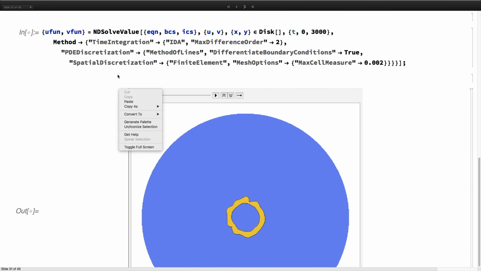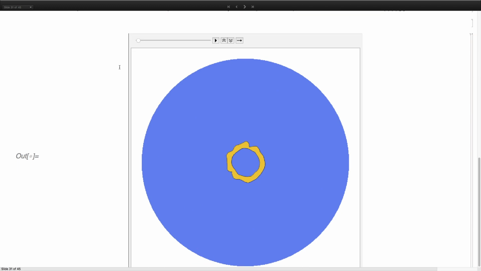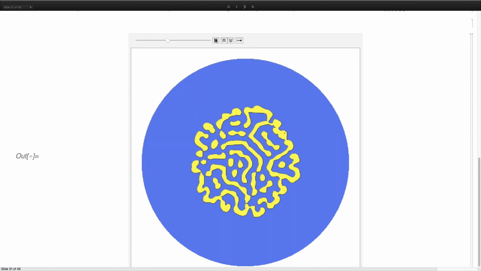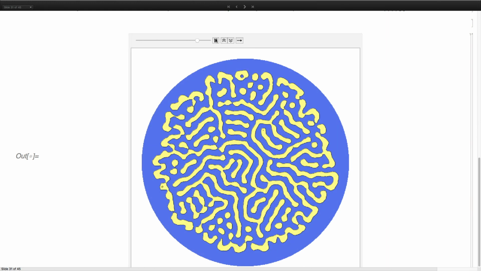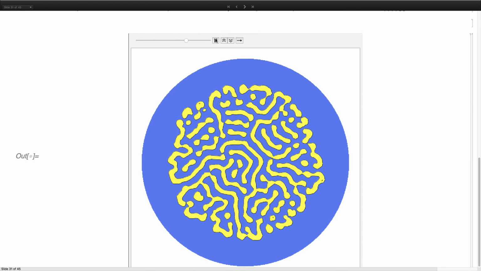So this is the initial distribution, and this is something you couldn't have done before because this is now a circular domain. The initial concentration is in yellow, and the blue is the region. And this is how the concentration actually develops during the time propagation.